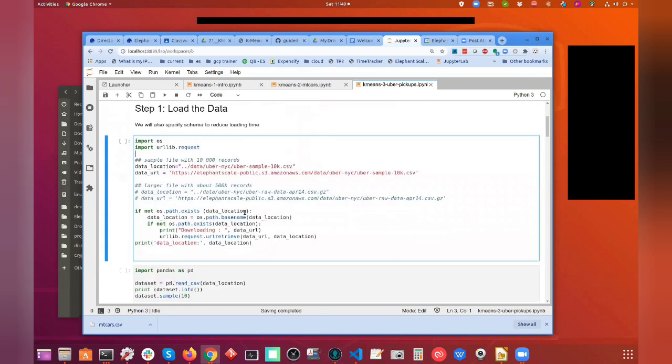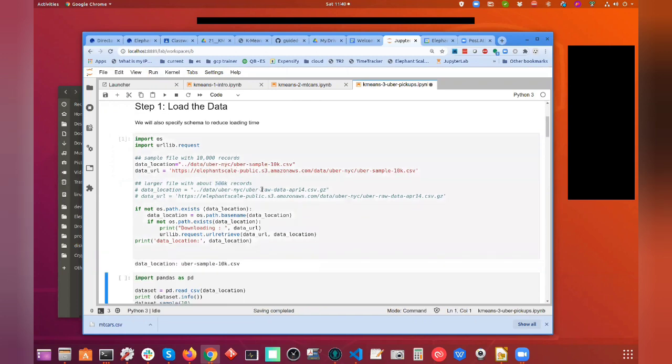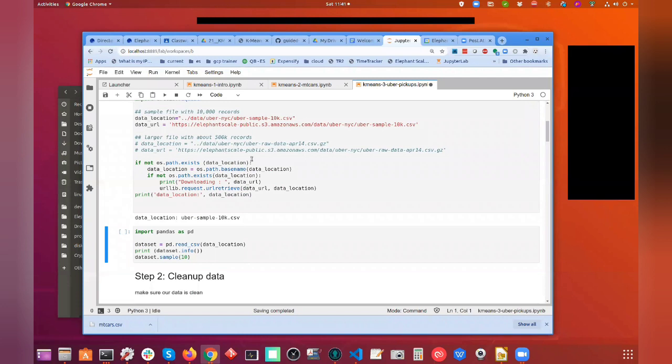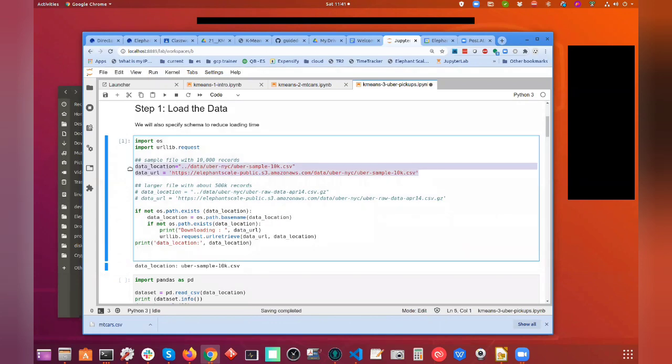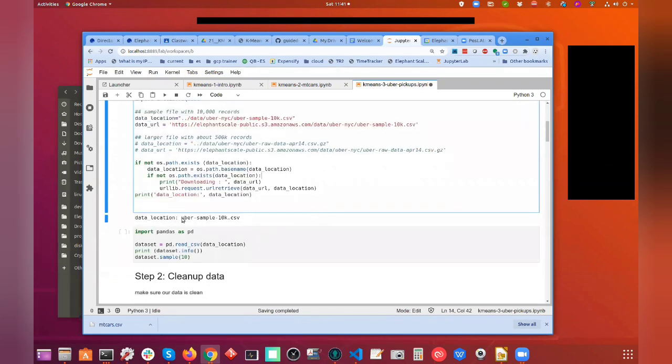I have 2 data files you can see. One is about 10,000 data points, so this is sort of small data. The other one has about 500,000 data points. I'm going to start with the simple one, 10,000. I download the data. This code is pretty boilerplate, you will see this in all our notebooks. Basically, if you have data locally, use that, or just download it. It says, I found the data here.